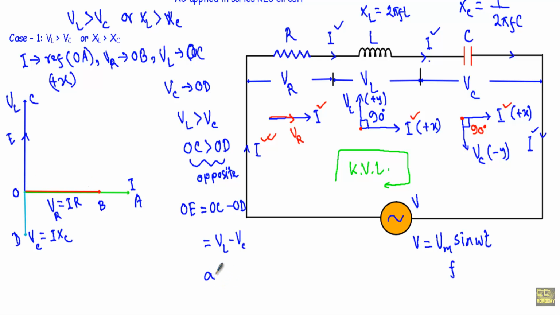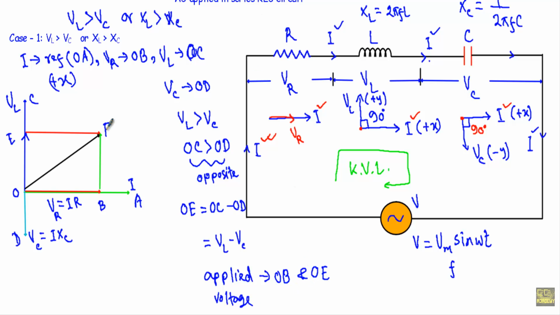Our applied voltage V will be the algebraic sum of OB and OE phasor. Okay, now see this is OE and this is OB. If I place an equal vector of OB at this point, or if I place an equal vector of OE at this place, I will get the applied voltage phasor, sum of OB and OE vector.